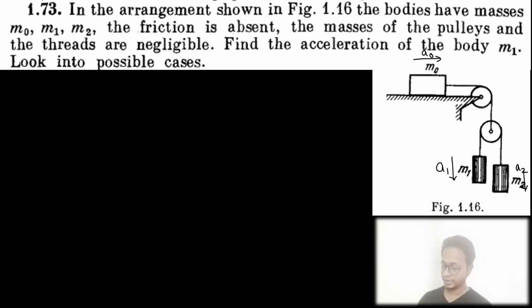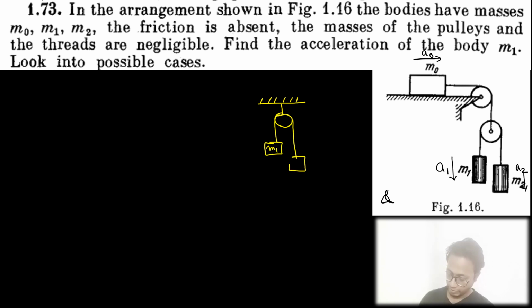Now there are a few questions I might have. Why is the direction of a2 not opposite to the direction of a1? See, this a1 and a2 are from the frame of reference of ground. Usually in your free body diagram you used to have something like this, out here m1, out here m2. If this was moving up with acceleration a, this would be moving down with acceleration a. But out here that doesn't happen. Why is the magnitude of a1 and a2 different?